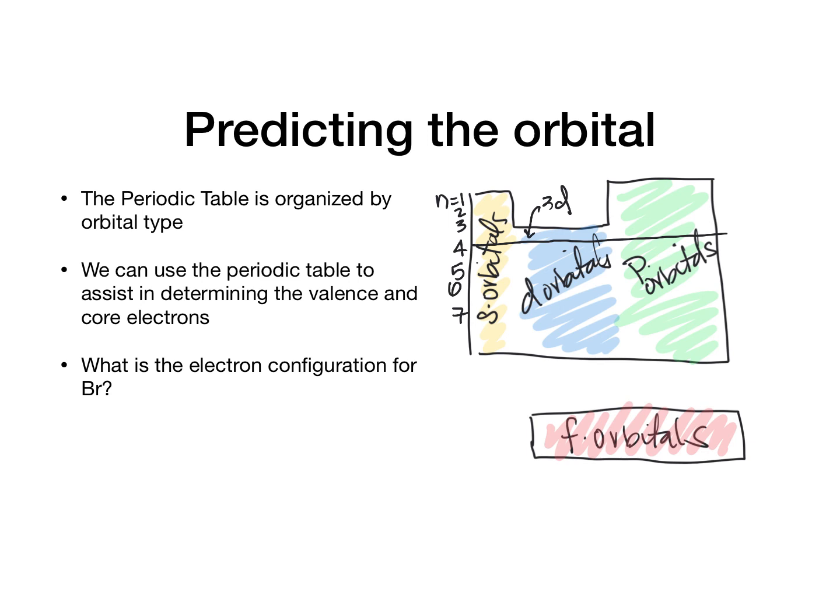We can predict the electron configuration based on any element. So bromine is right here. So we can predict that it is in the 4p block, and we can predict that based on where it is.